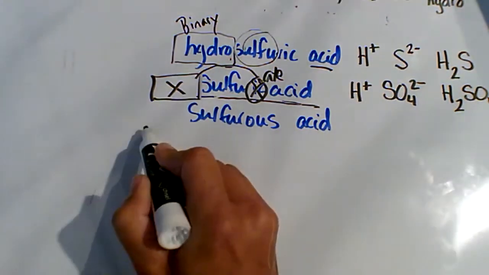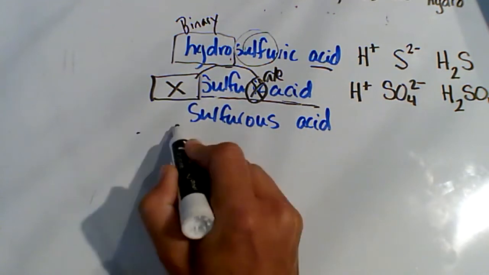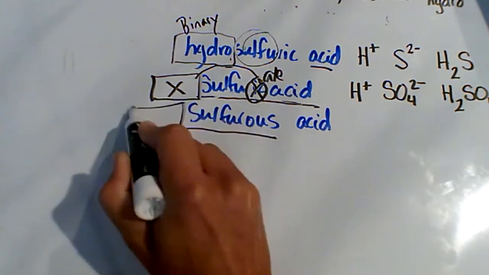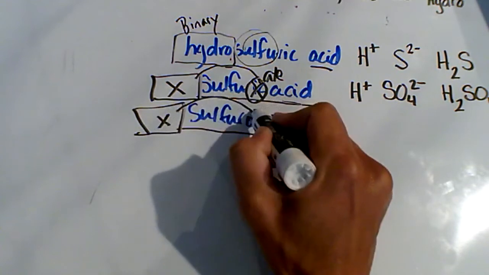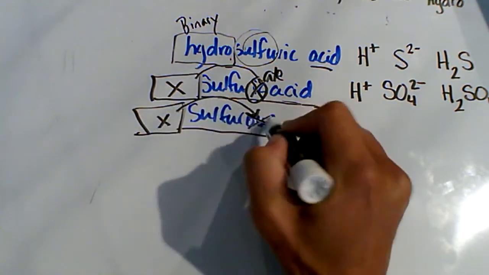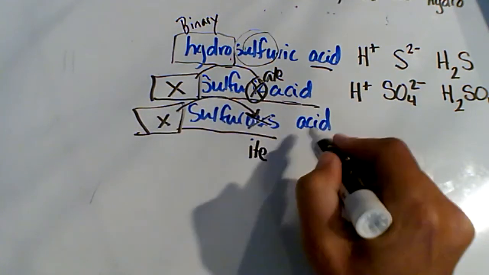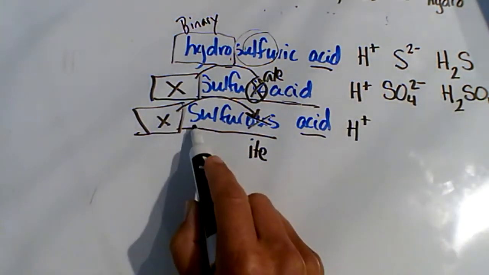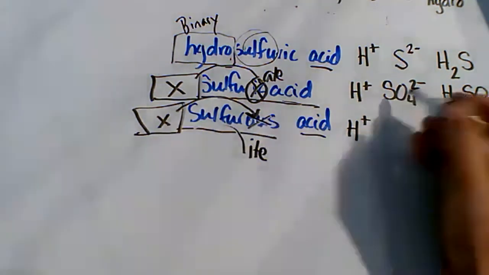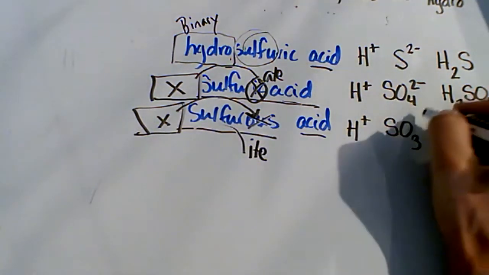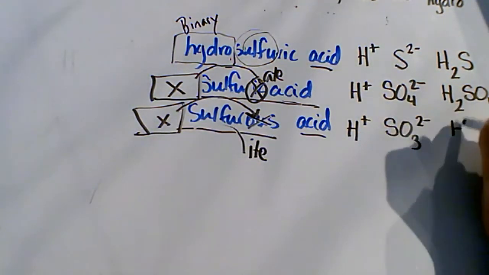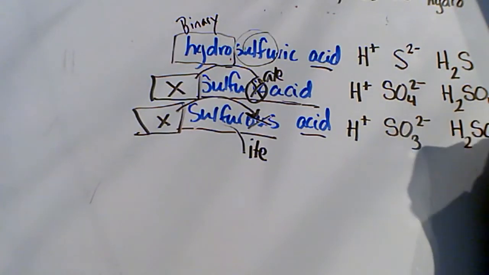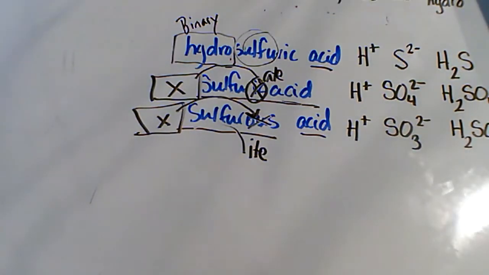Last one, sulfurous acid. There's no hydro, so I will look to the ending, and ous was an ite. Acid, hydrogen is the first element, and this time he is with sulfite, which is SO3, 2 negative, giving me H2SO3. Simple as that, guys.